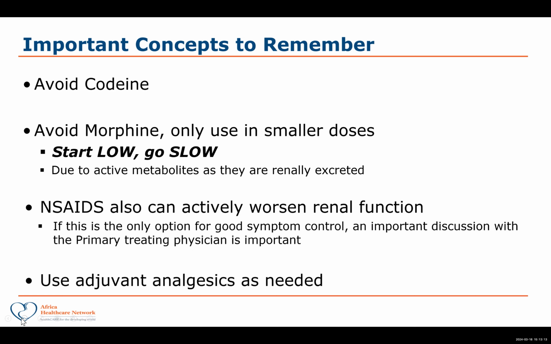So it's really important we only prescribe these once we've spoken to the treating physician, so their nephrologist or the medical officer that's supporting the case. And we want to use adjuvant analgesics. Some of these terms might be new for you today, but I will be teaching about it. So again, we use those as needed.